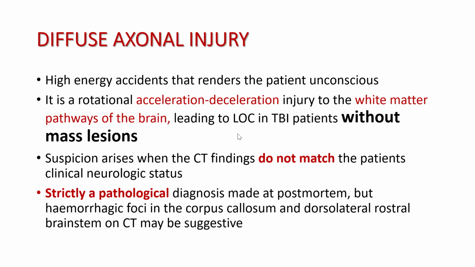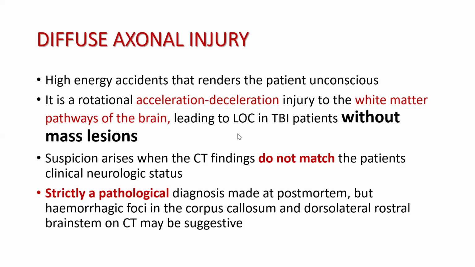We don't have those herniation syndromes and so on that we have been talking about. But there has been an acceleration, deceleration, or rotation injury to the white matter. The white matter components of the brain are the tracts or fibers which take information from the different parts of the body and the different parts of the brain.